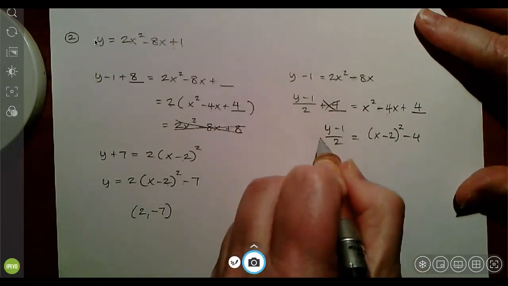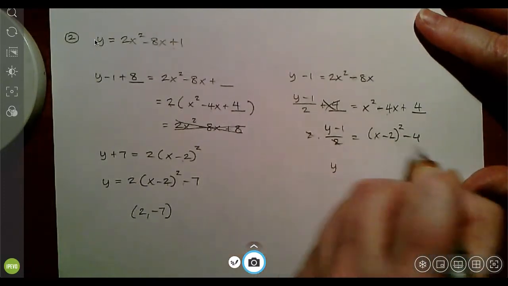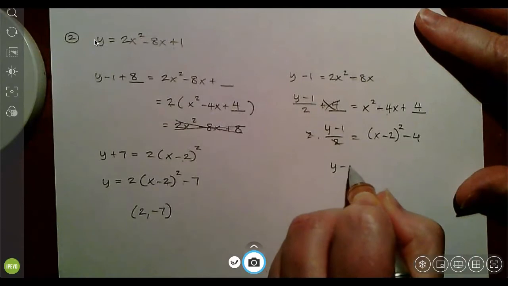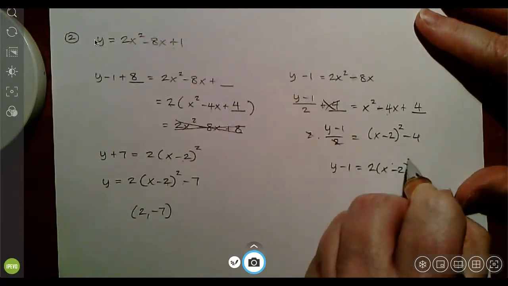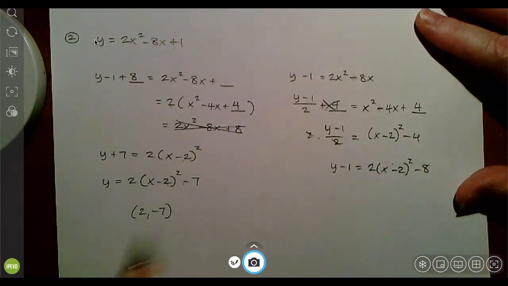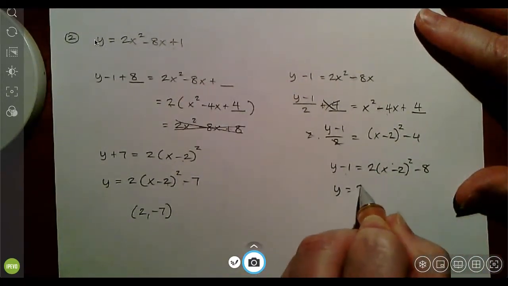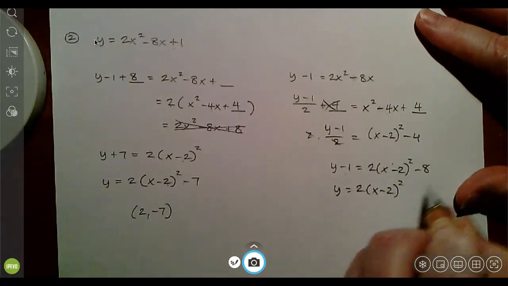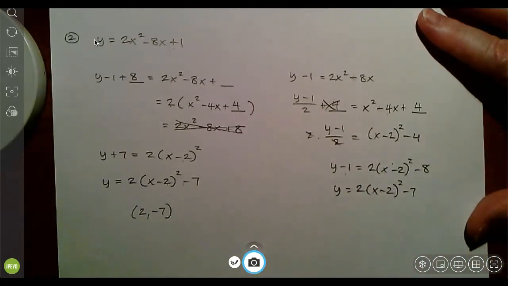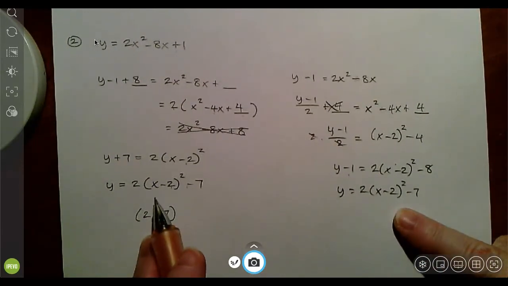So if I multiply both sides by 2, that cancels. Multiply everything on the right side by 2. So now I have y minus 1 is equal to 2 times x minus 2 squared minus 8. And then add 1 to both sides. So I'm adding 1, gets me -7. So I end up in the same place.